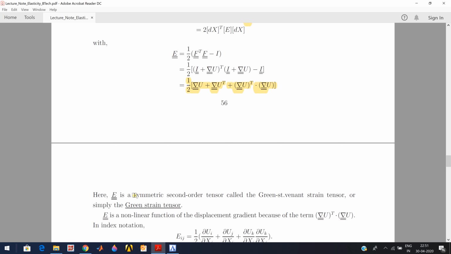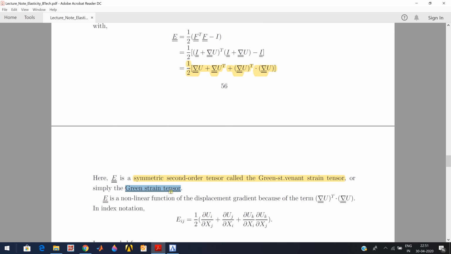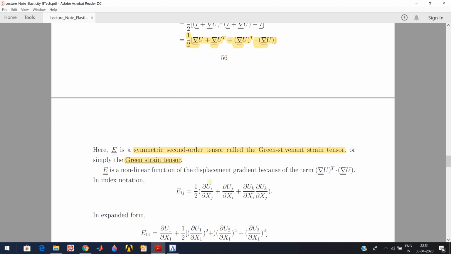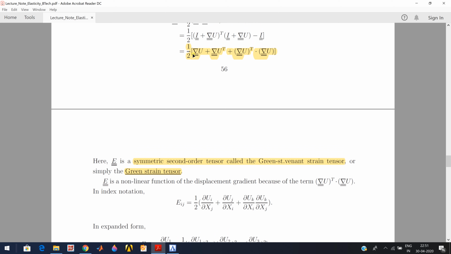So it is a symmetric by definition second order tensor, which is called the Green strain tensor, sometimes simply called Green strain tensor, because Green has proposed this. And because of this third term, you can see there is grad u plus grad u transpose, plus there is some multiplication, and this is actually a nonlinear term.